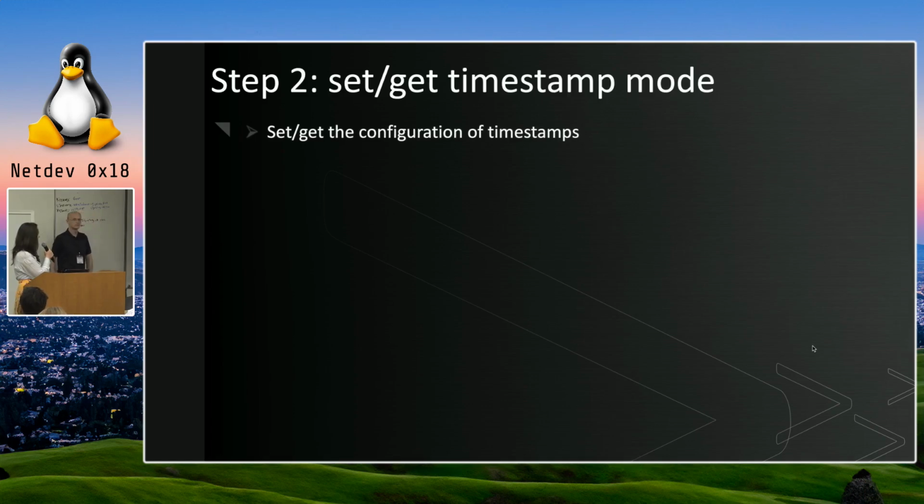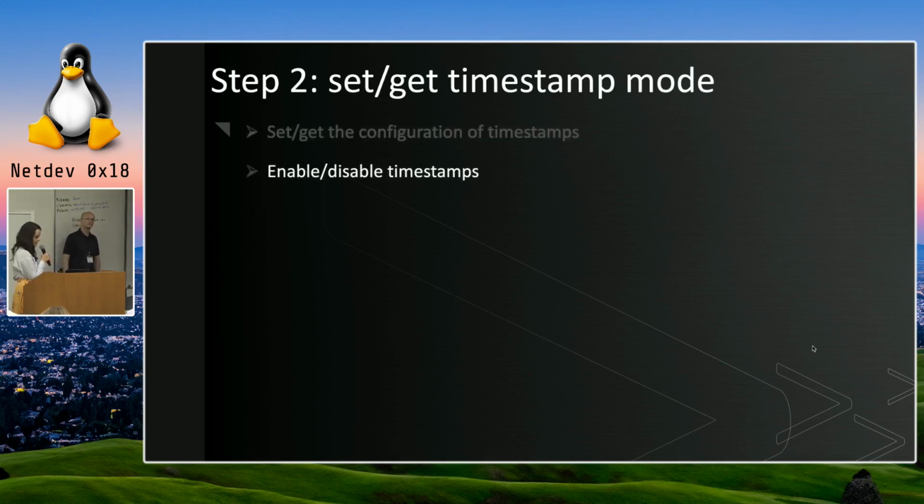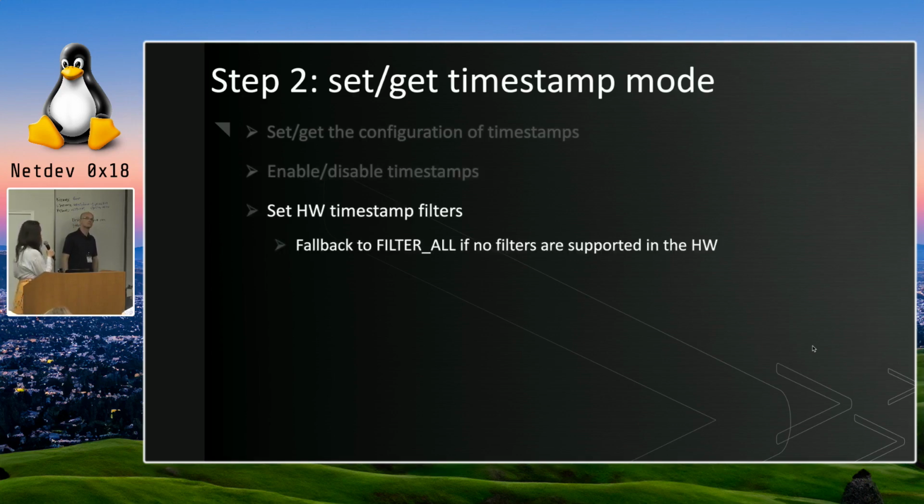What else we need? We need to have a method for configuring the timestamp. So we can set and get the timestamp configuration. We can also disable and enable RX and TX timestamping. And we need to set some timestamp filters.